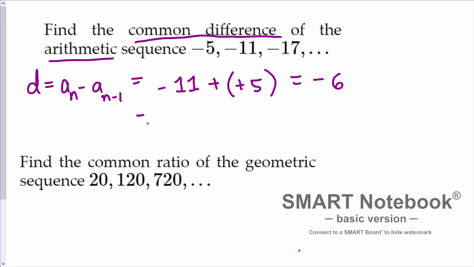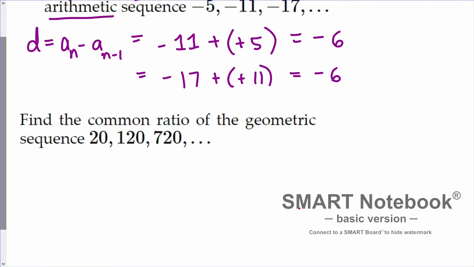And I want to double check it by doing the next two. Negative 17 minus negative 11. Keep, change, change. Again, I get negative 6. Okay? Next one is find the common ratio of this geometric. So we're looking for R. So I know I need AN divided by AN minus 1.